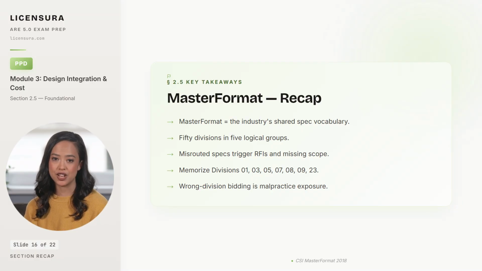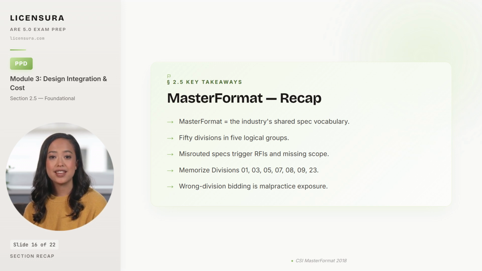Misrouted specs trigger RFIs at minimum and missing scope at worst. And a project that gets bid with scope landed in the wrong divisions comes back with proposals that miss the work entirely. Memorize the 7 most tested divisions. Division 1 for general requirements, 3 for concrete, 5 for metals, 7 for thermal and moisture, 8 for openings, 9 for finishes, and 23 for HVAC.